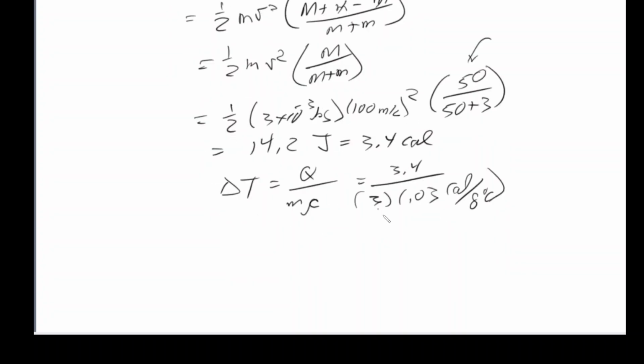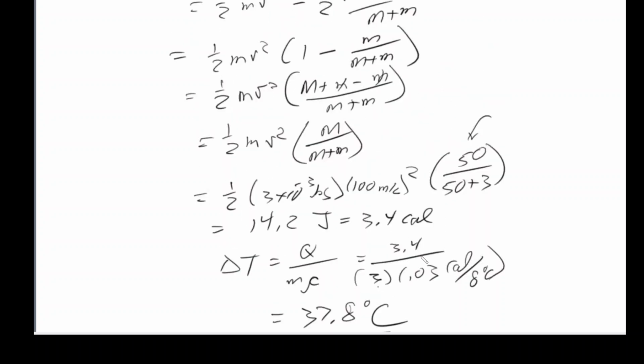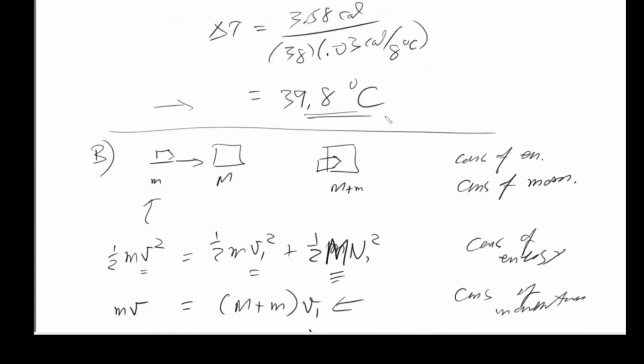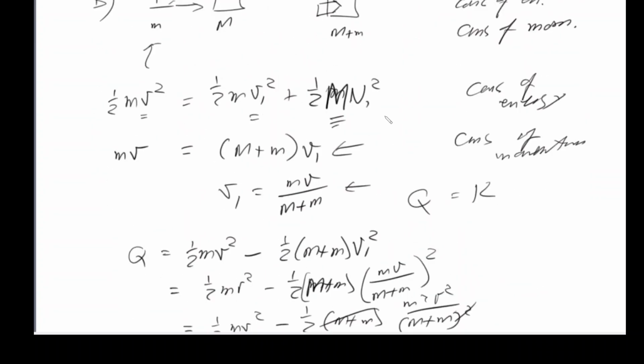We're using 3 grams because calories is per gram, and this becomes 37.8 degrees centigrade. So that's the temperature the bullet goes up when the block moves, which as you can see is less than it goes up when the block is fixed because it loses some of this energy to the kinetic energy of the block.